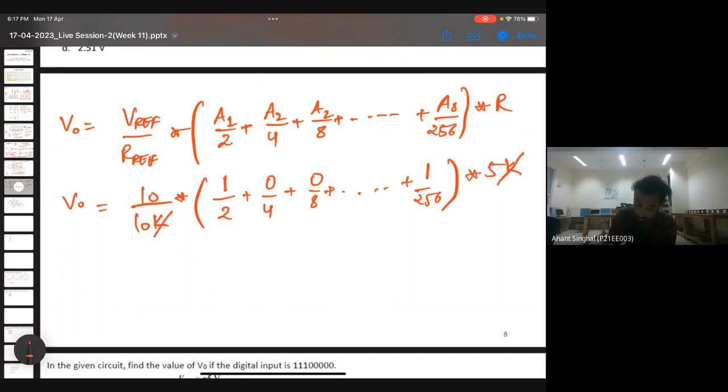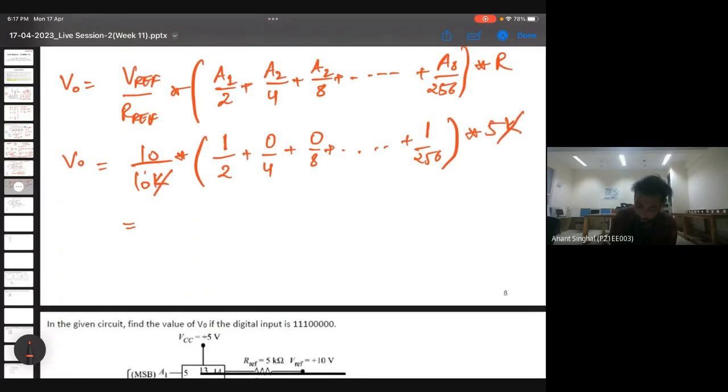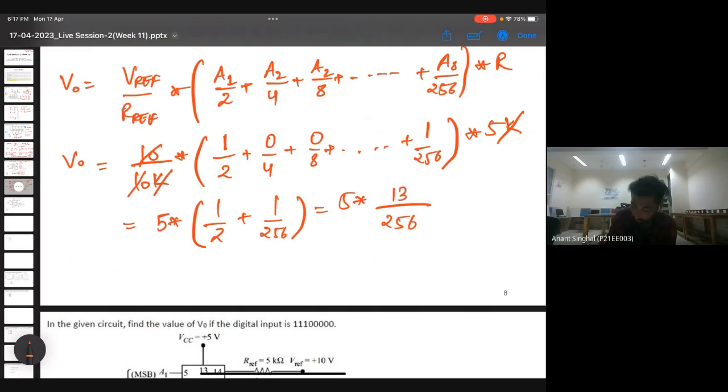So kilo and kilo will get cancelled. This 10 and 10 will also get cancelled. So the answer will be 5 into 1 by 2 plus 1 by 256, which is 5 by 256, and then 128 plus 2, it is 130. Oh, sorry. This is 128 plus 1, which is 129. So we'll calculate the same.